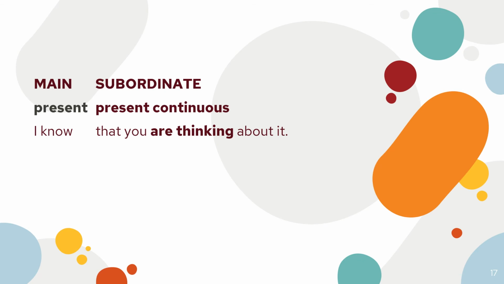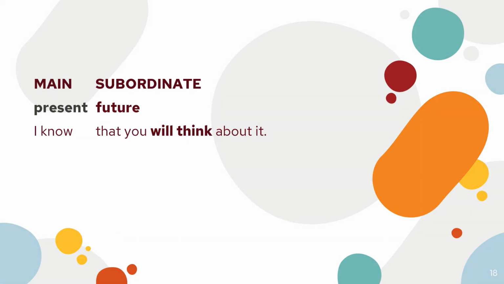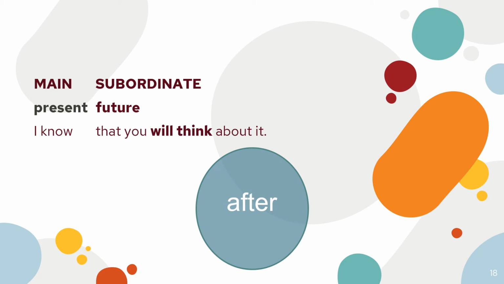If the subordinate clause is in the present continuous tense, both actions are simultaneous and occurring right now. If the subordinate clause is in the future tense, the action described in the subordinate clause will take place after the action in the main clause.